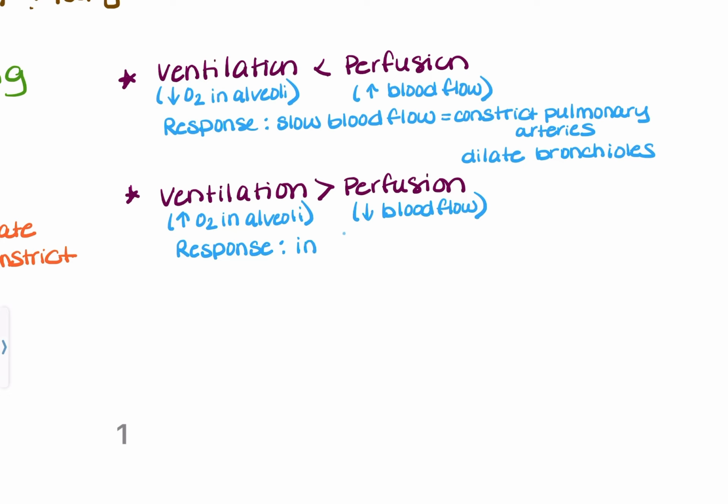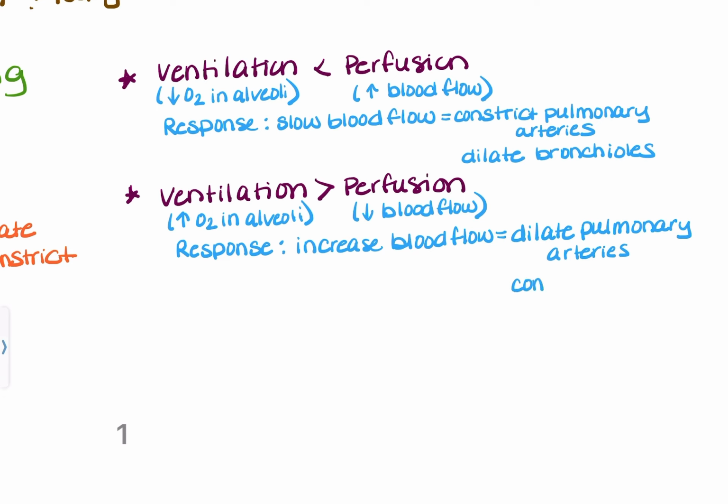We would want to increase our blood flow in order to match it to the amount of oxygen present in our alveoli. In order to increase our blood flow, we would have to dilate our pulmonary arteries. And because we have a huge amount of oxygen in our alveoli, we want to try to again match it to our perfusion, so we would want to constrict our bronchioles as well.